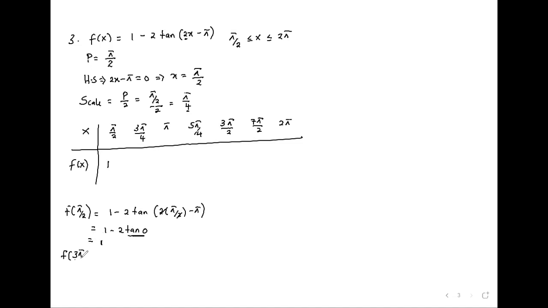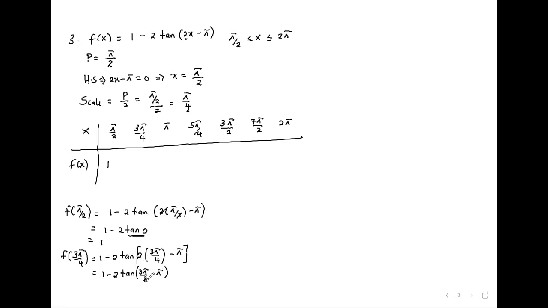f of 3 pi over 4 is equal to 1 minus 2 tan of 2 times 3 pi over 4 minus pi. So we have 1 minus 2 tan of 3 pi over 2 minus pi.